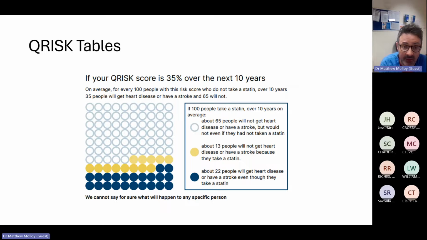So if you go up to 35%, of 100 people taking a statin, 65 will not get heart disease or have a stroke, but again, they wouldn't have if they had not taken a statin. 22 people will get heart disease or have a stroke even though they take a statin, and 13 will avoid heart disease and stroke. So I sometimes find these tables quite useful in explaining the potential benefits and allowing patients to make a more informed decision.